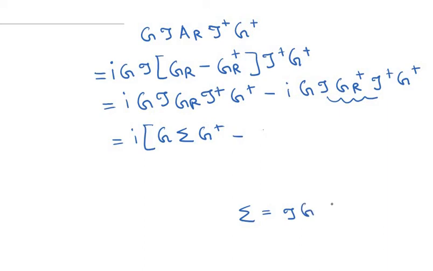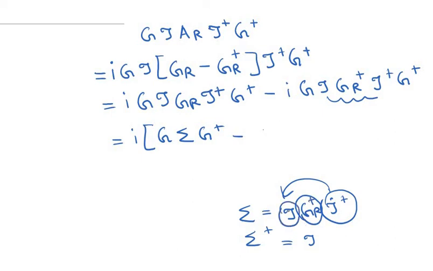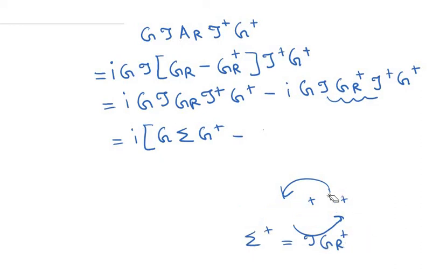Okay, so sigma is equal to tau GR tau dagger, and sigma dagger is basically equal to the complex conjugate transpose of this, which would come here. GR would become GR dagger, and the complex conjugate transpose of tau would come here. So this becomes tau GR dagger tau dagger. Okay.